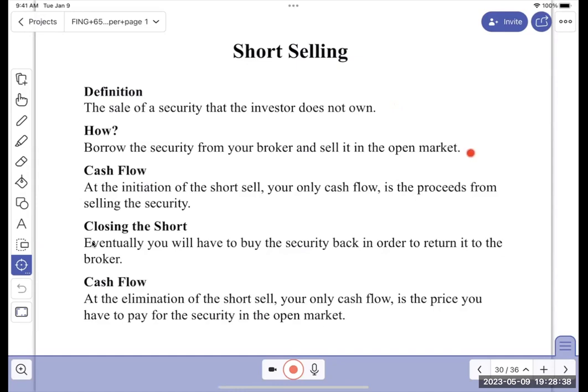How does it happen? You borrow the security from your broker and sell it in the open market. The cash flow is the proceeds from selling the security. To close the short, eventually you will have to buy the security back in order to return it to your broker. At the elimination of the short sale, your only cash flow is the price you have to pay for the security in the open market.